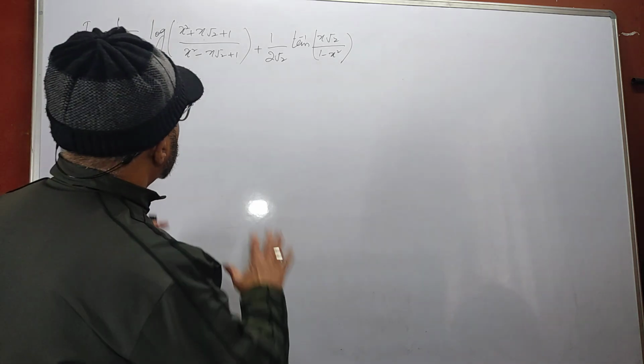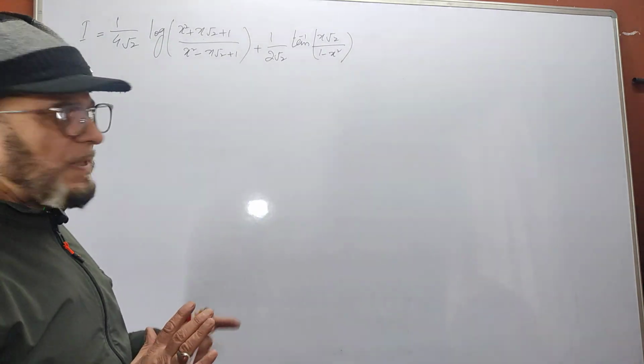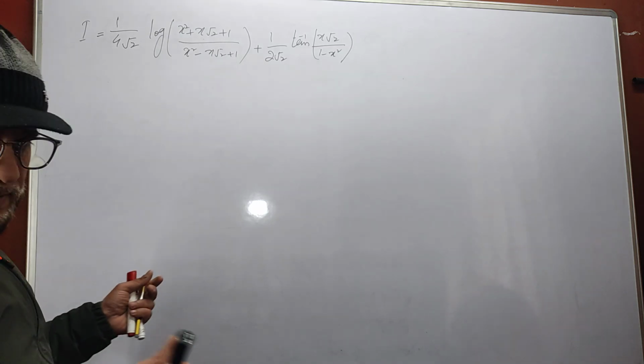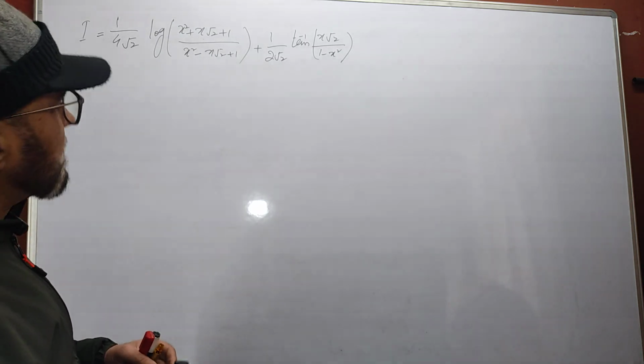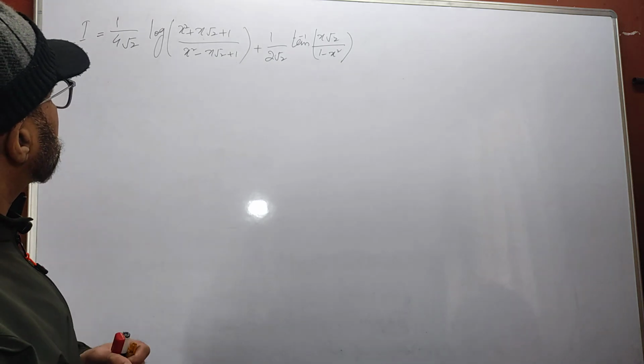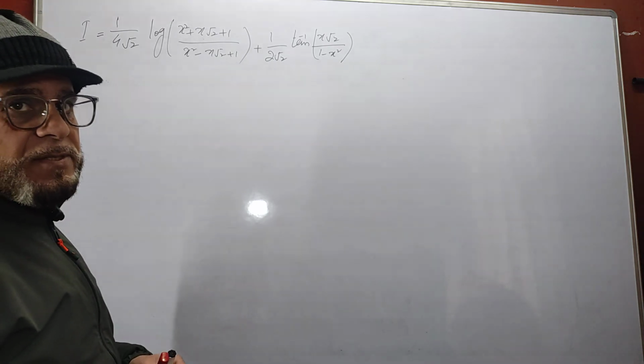Well, we have now solved the integral in a complete way. It is the complete solution, but there is a bit of difference from what your answer says. Don't worry.